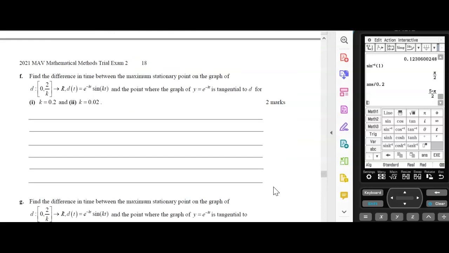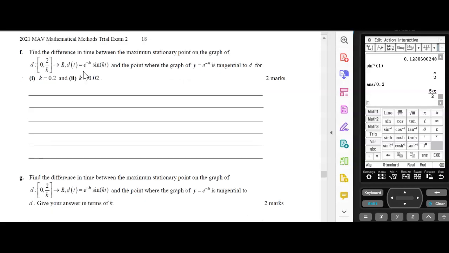Find the difference in time between the maximum stationary point of the graph and the point where the graph of y equals e to the negative kt is tangential to d for k equals 0.2 and k equals 0.02. All right, so let's first look at k equals 0.2. So our domain is going to be 0 to 2 divided by 0.2, which is just 10.